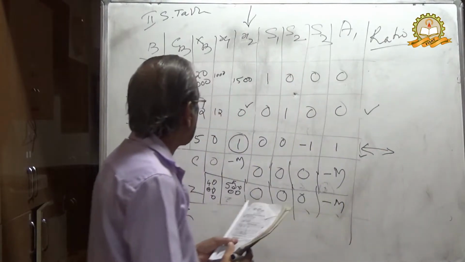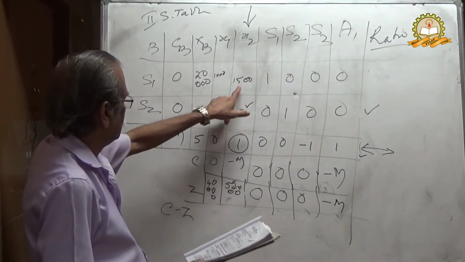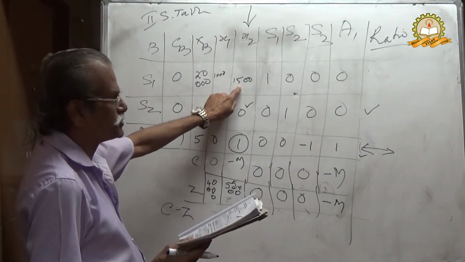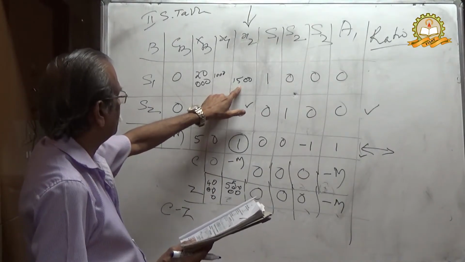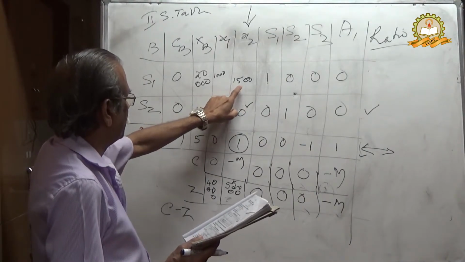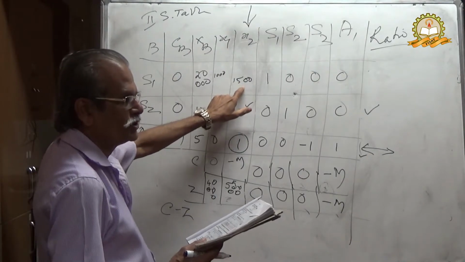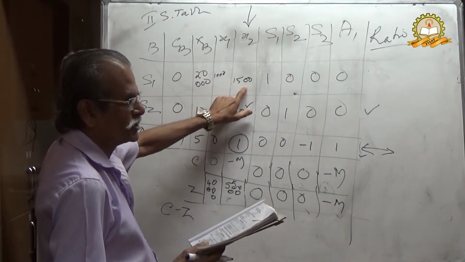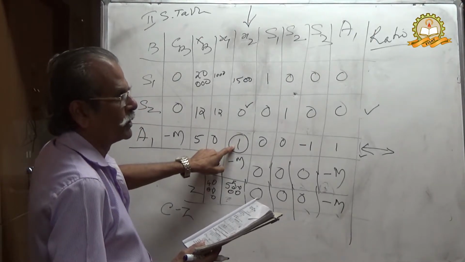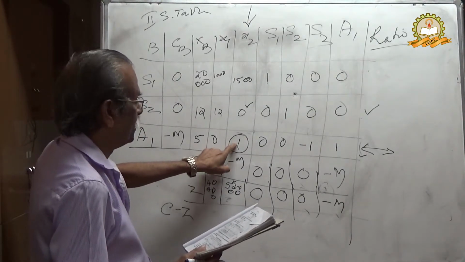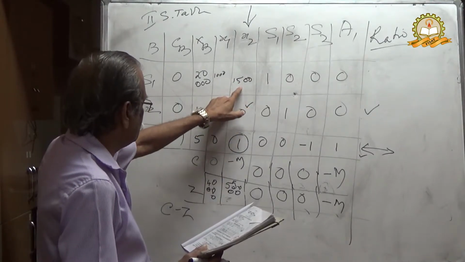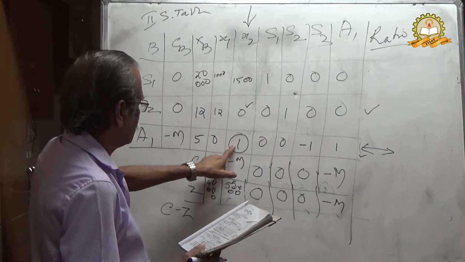Here, under X2, the cell value is 1500. You will have to make this into 0 by virtue of pivot row and pivot number 1.